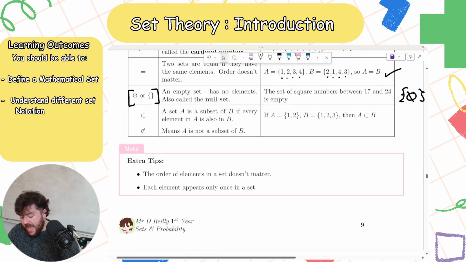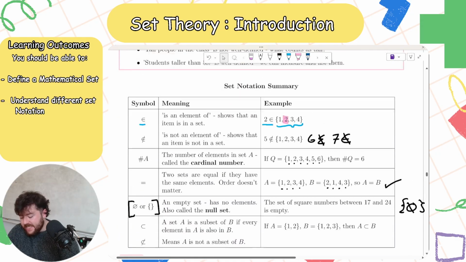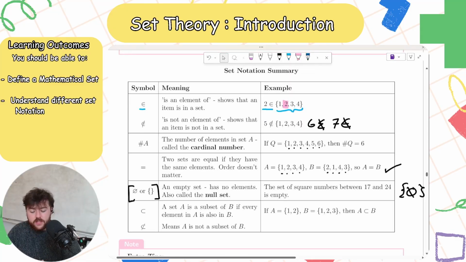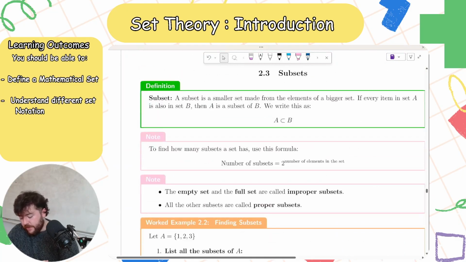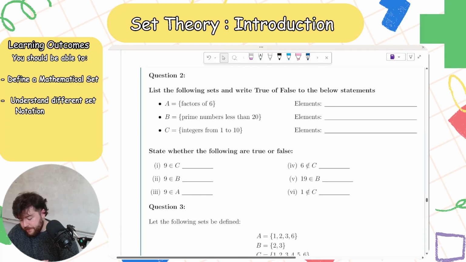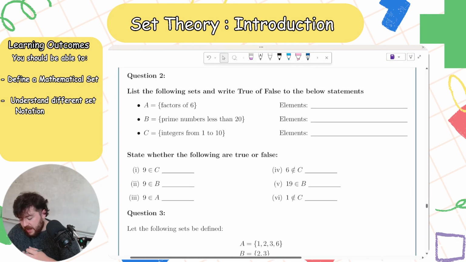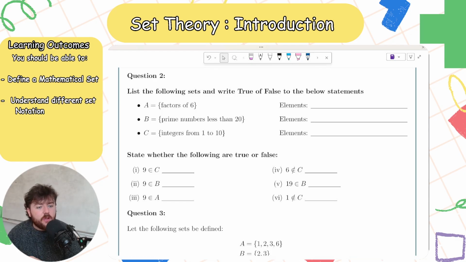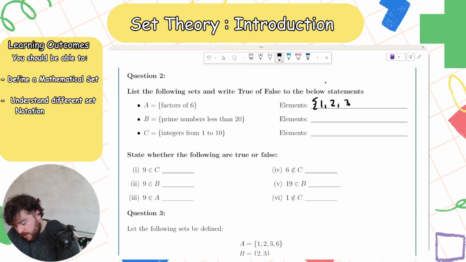Right. And that's it for today. So let's have a few questions before we go. List the following sets and write true or false in the statements below. A is the factors of 6. So the numbers that divide into 6. That is 1, 2, 3, 6. B is all the prime numbers less than 20.